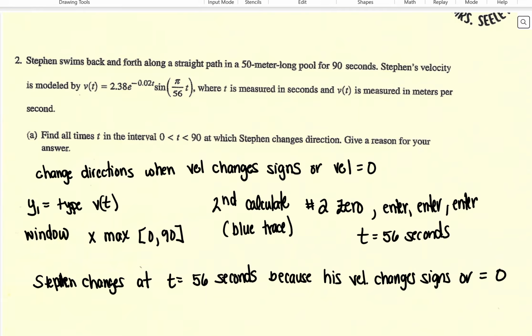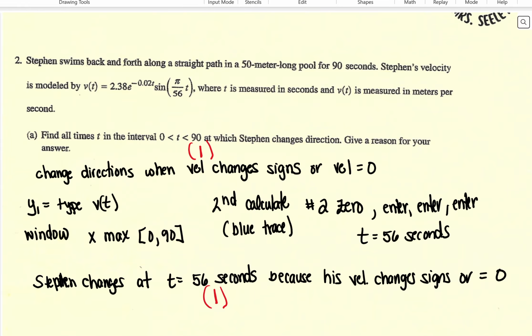All right, if you knew to look at the fact that the velocity was going to change signs or equal 0, you knew that theory, give yourself a point. And then give yourself a point if you were able to say that he changes direction at 56 seconds because his velocity changed signs or was equal to 0.